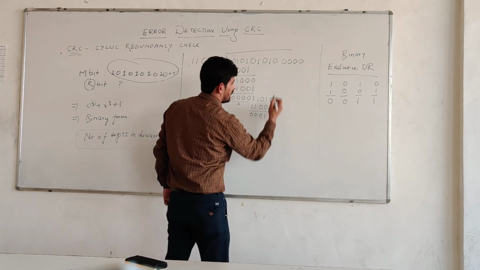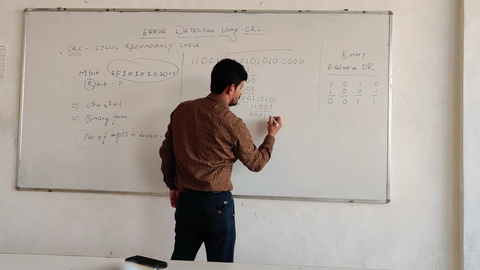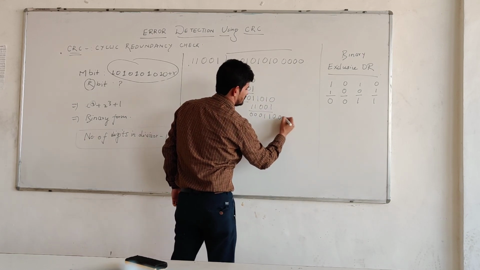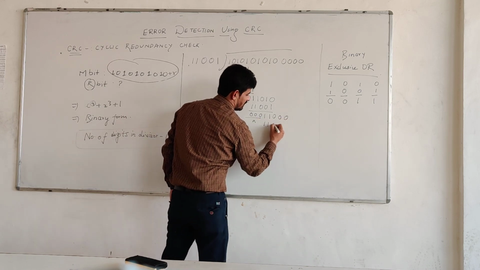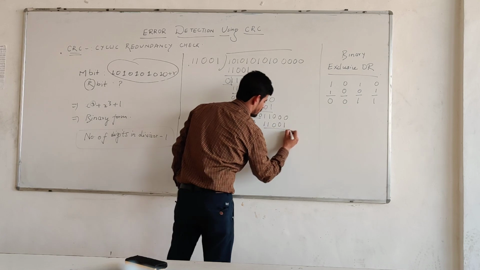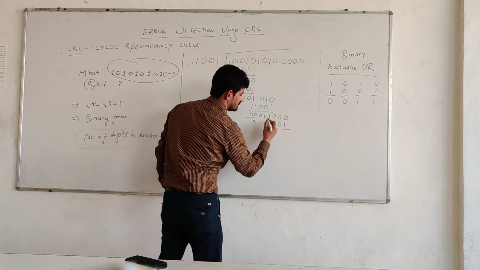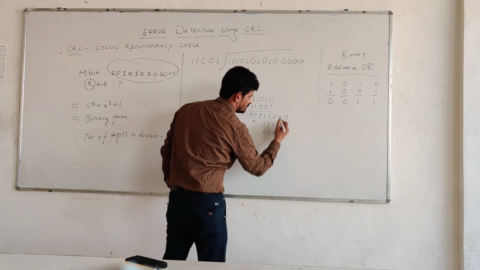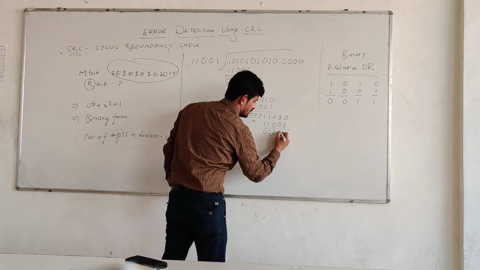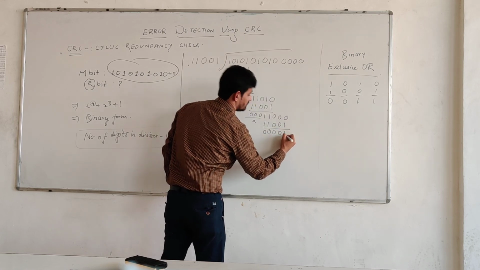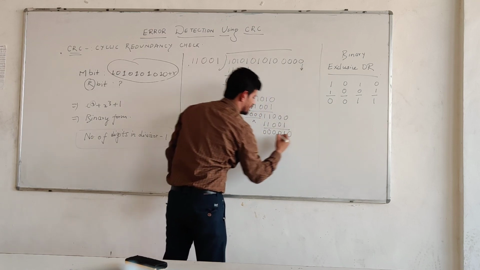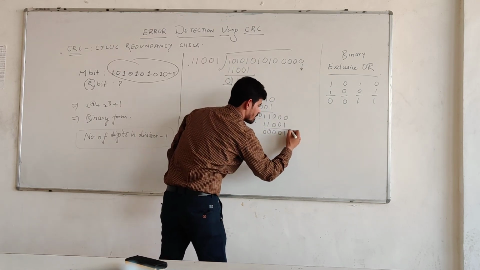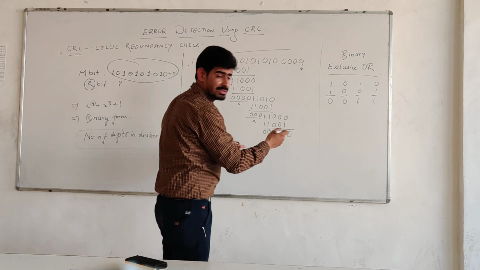Now we will bring down further zeros, 3 zeros here, and this part will be cancelled out. 11001. Now what will we get? Similar digits 0, similar digits 0, similar digits 0, similar digits 0, different digits 1, and this 0 will be carried down here. So we will get a remainder of 10.